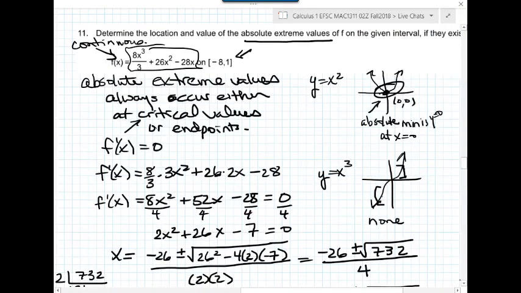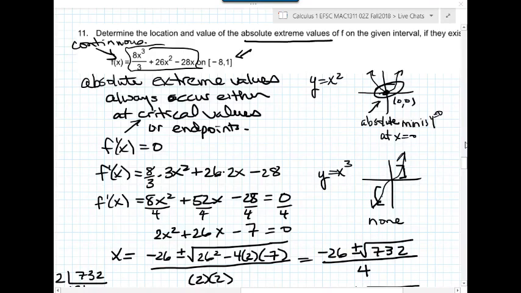So this is going to be negative 26 plus or minus the square root of 2 squared times 3 times 61, all over 4. So that's negative 26 plus or minus 2 times the square root of 183, all over 4, which reduces to negative 13 plus or minus square root of 183 over 2.